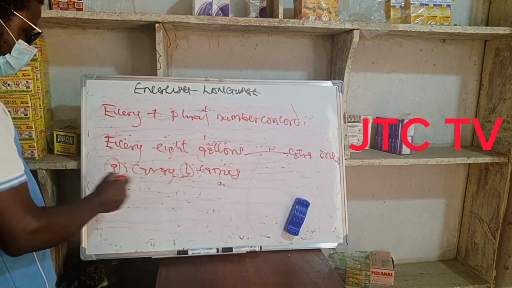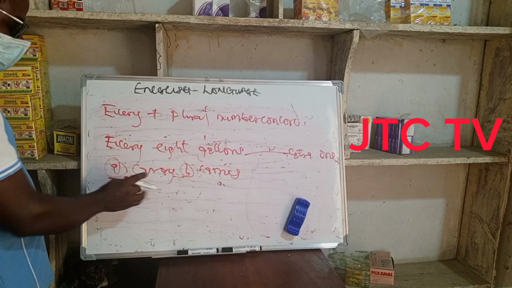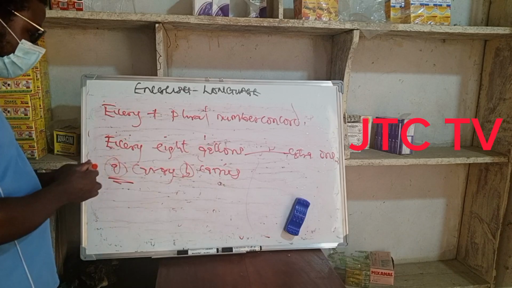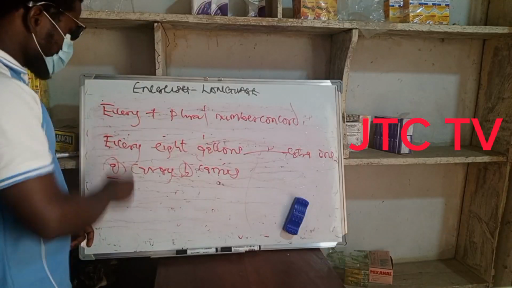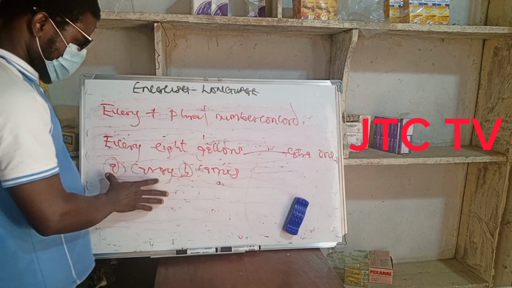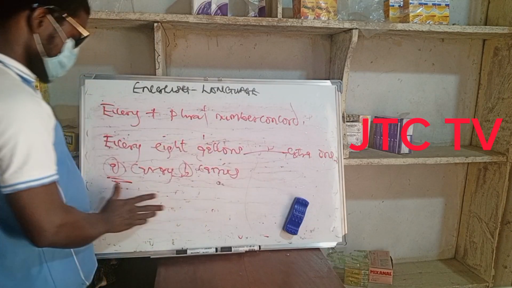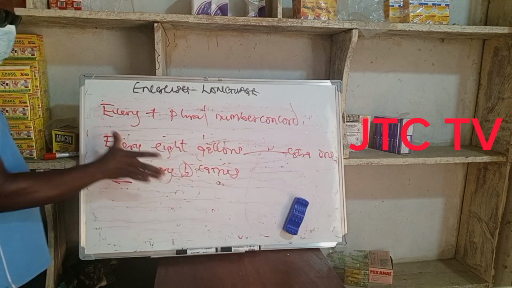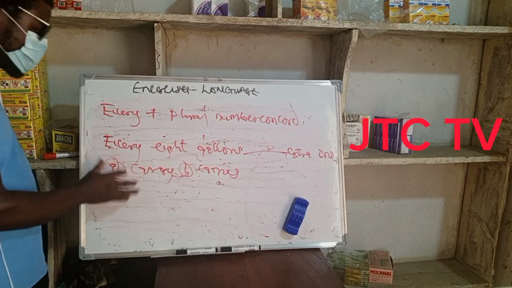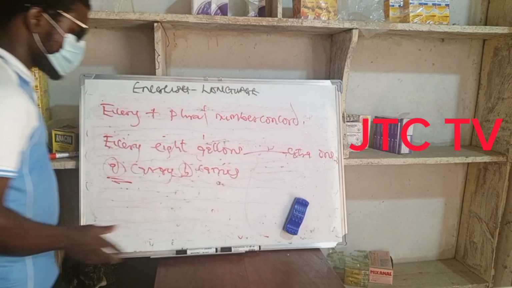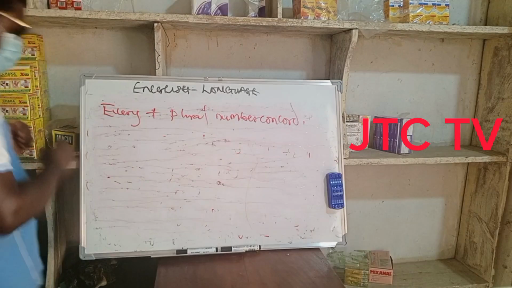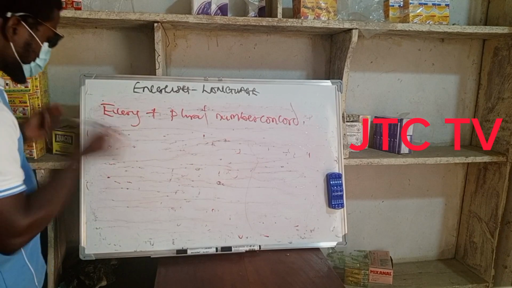So our answer becomes A, because it is in its plural verb form. So every 8 gallons carry extra 1. That's the right way of saying this sentence, instead of every 8 gallons carries extra 1. It is wrong.